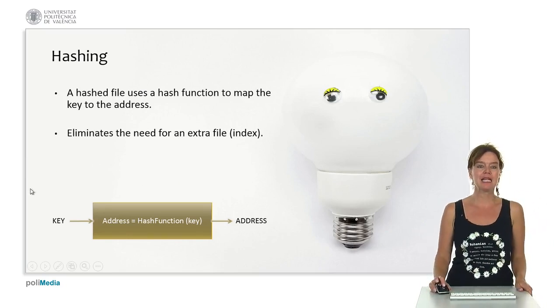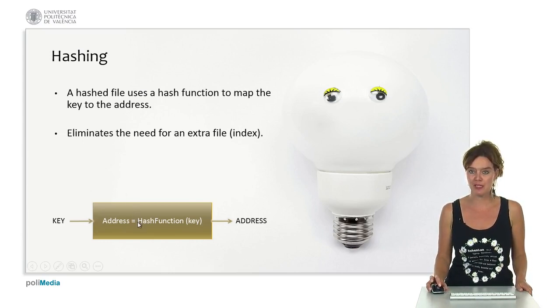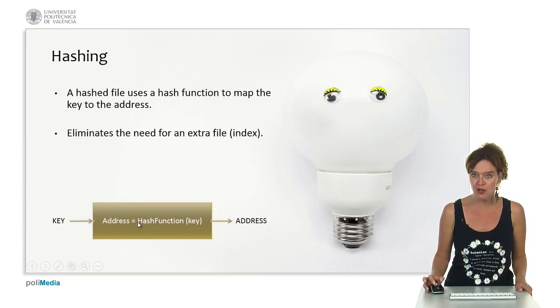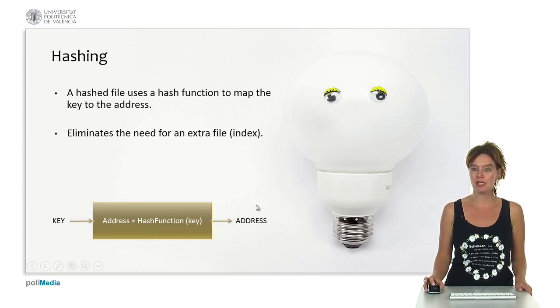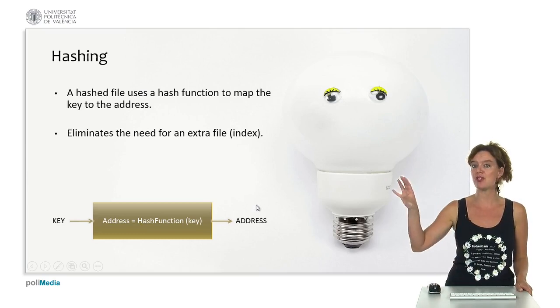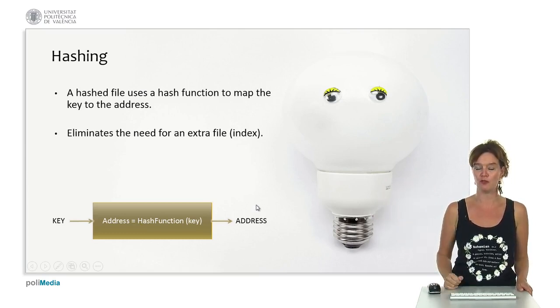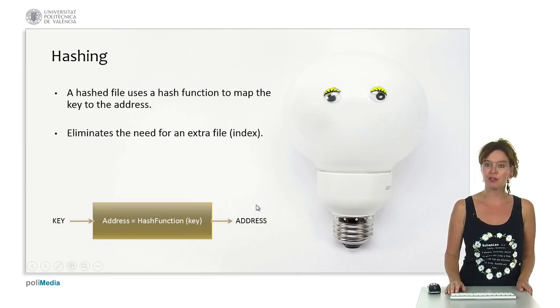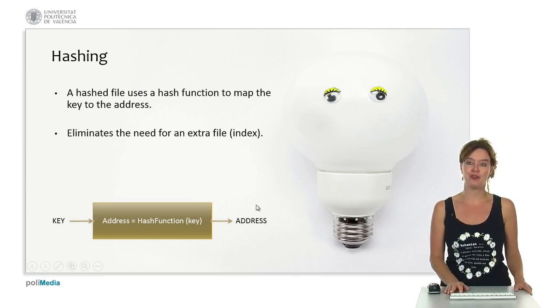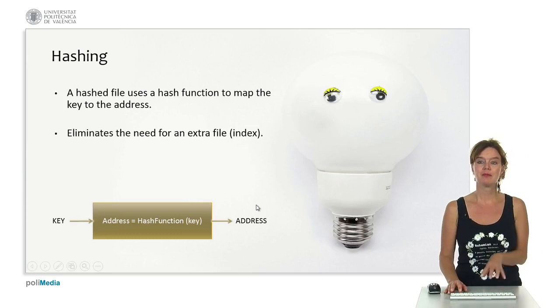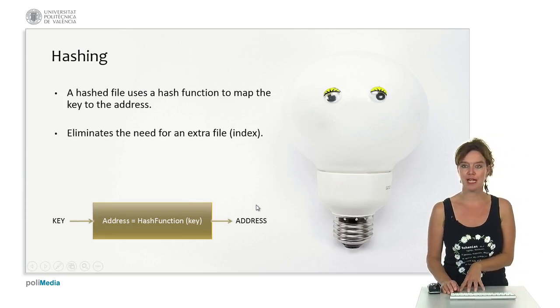Here we can see it: we take the key, we calculate the address of the record that we want to find with a specific hash function, and we get the address. We use this address to access only that record in our data file that we want to look for. So these are three types of arranging your files: sequentially, indexed, or using a hash function.